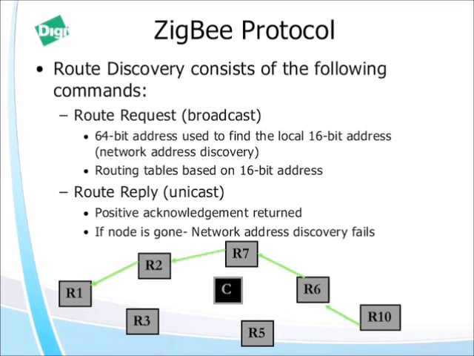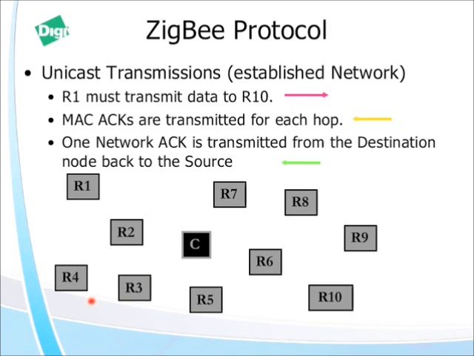And that broadcast will eventually hit R10, and everybody will reply to R1 with their best path to R10. And what happens is R1 will actually be able to construct the best next hop to be able to send to R10.